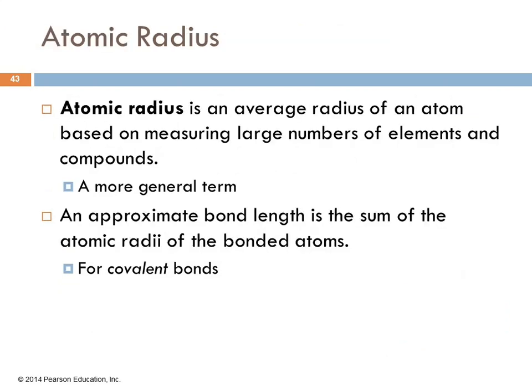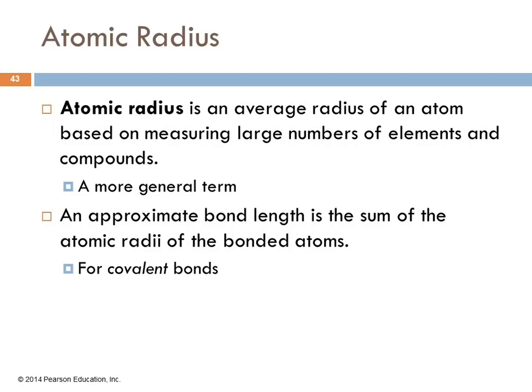So how are we going to talk about atomic radius? We're just going to use it in a more general term. Atomic radius is an average radius of an atom based on measuring large numbers of elements and compounds. So we're going to talk in general terms. There are certainly times, especially if you're doing research or looking at crystal structures and things, where you want to know more specifically what the atomic radius is.